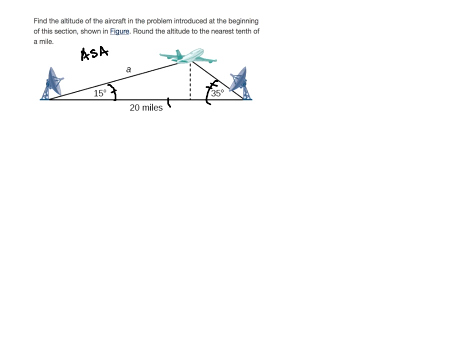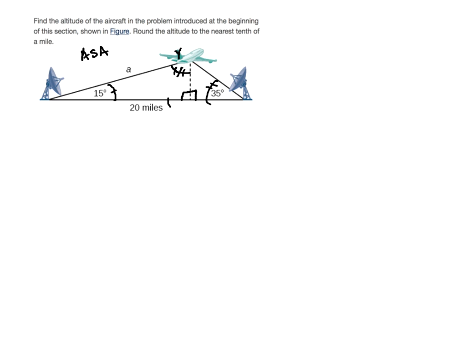We can certainly figure out that, by the way, these are both 90-degree angles there. So the angle of this left-hand triangle, that top angle, we'll call that gamma.